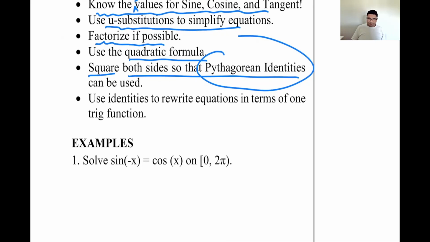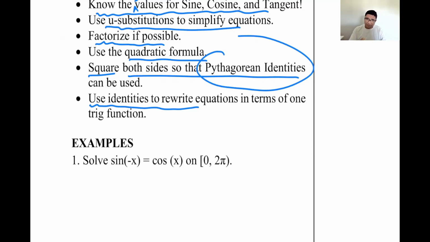And sometimes you will be able to use other identities like sum to product or product to sum identities of trigonometric functions. So you can convert the equation so that you have only one trig function at the end. Like the given equation might have sine and cosine, but you rewrite it in such a way that you have only sine at the end.